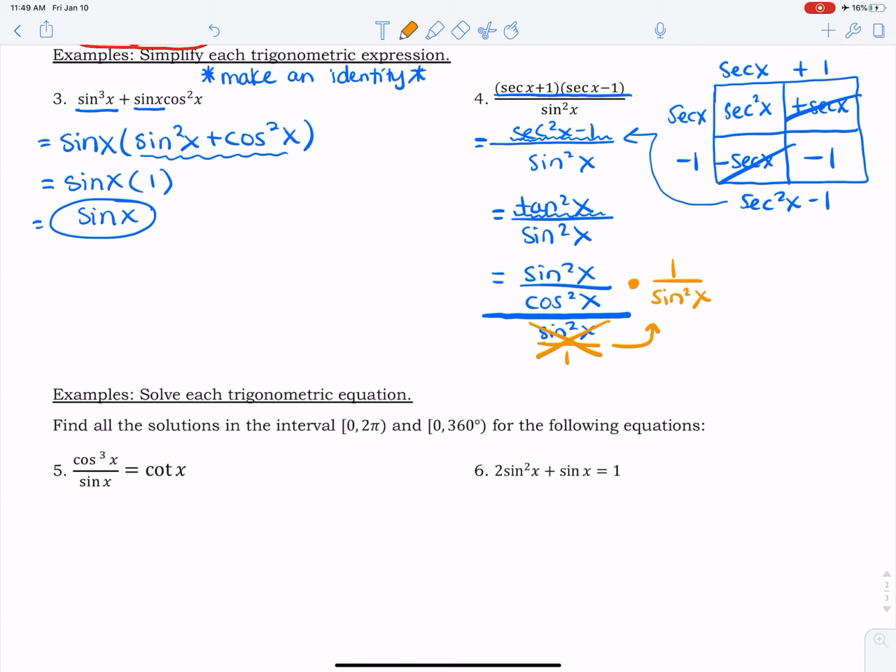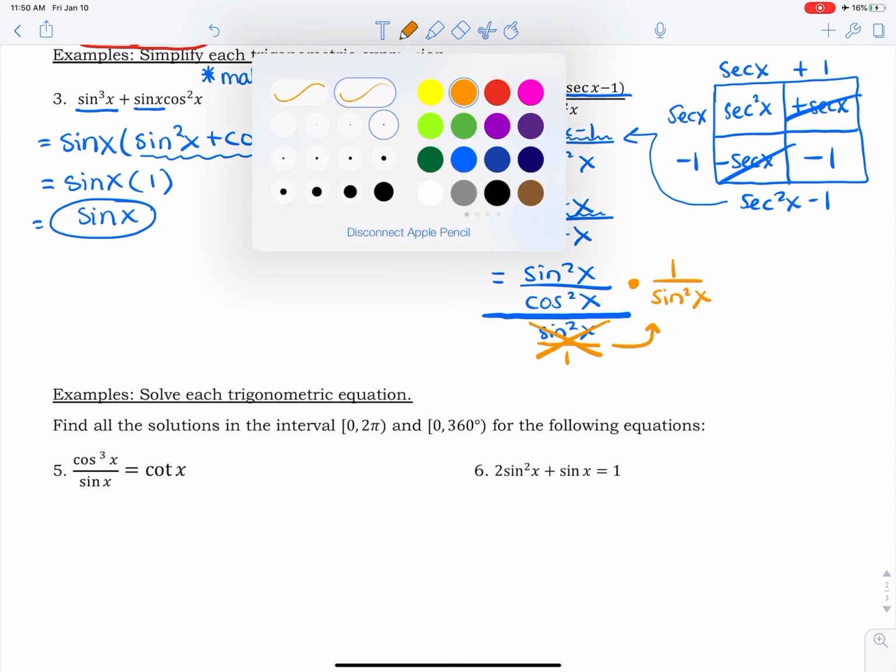It would be the same thing as if I wrote sine squared x over cosine squared x divided by sine squared x over 1, and then I keep that, change that to multiply, and flip that to be 1 over sine squared x. It's the exact same thing, except I write it up and down because it already started out up and down. All right, now we want to solve this.